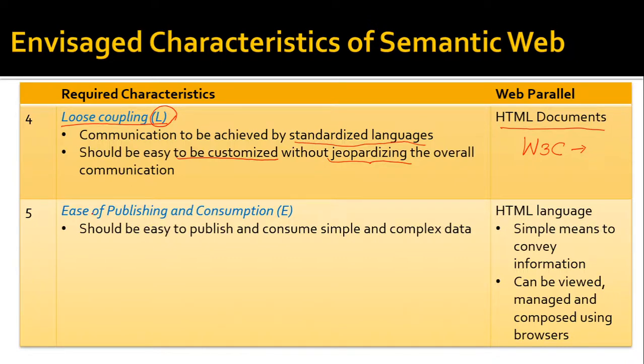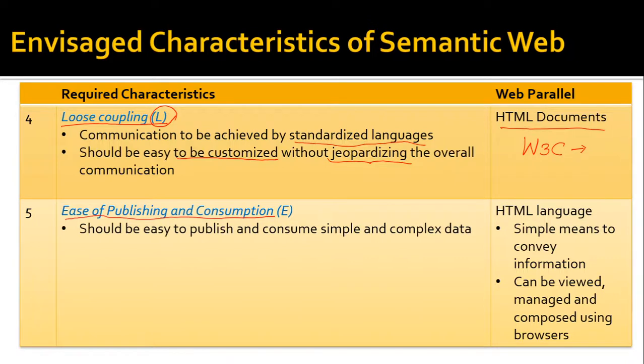And finally, I think the most important thing is that publishing and consuming data should be very easy. Otherwise, the semantic web will not be participated in to a greater extent, as we see the same thing in the traditional web, right?